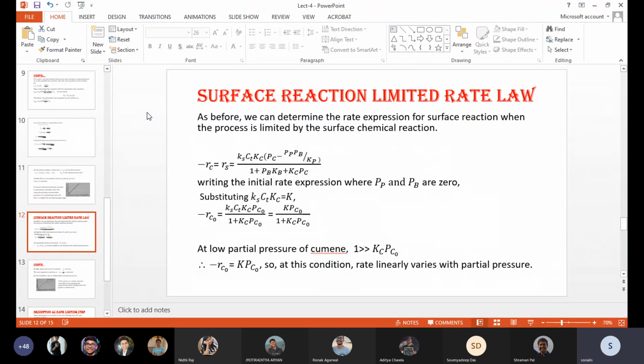From there, step by step, we can deduce, as I have shown you for the adsorption one, and ultimately we will get this expression: minus RC is equal to RS equals Ks Ct Kc into Pc minus Pp Pb by Kp, divided by 1 plus Pb Kb plus Pc Kc.